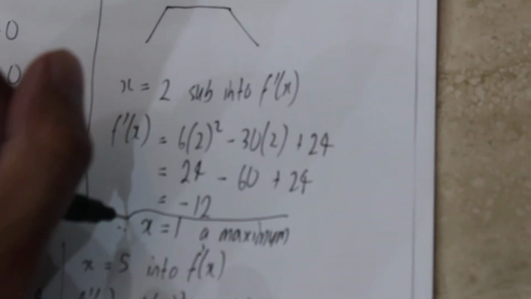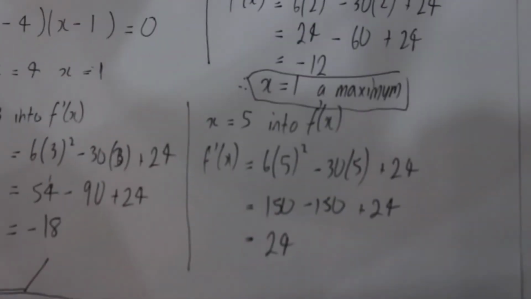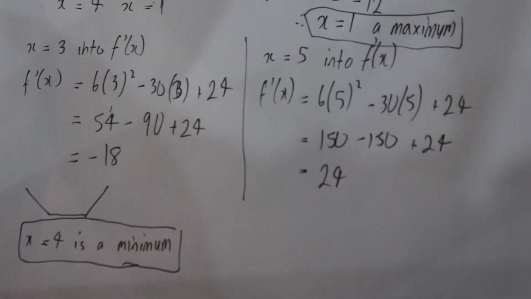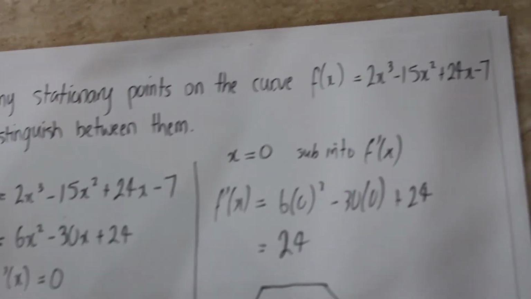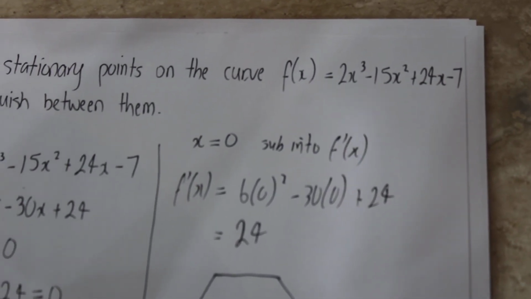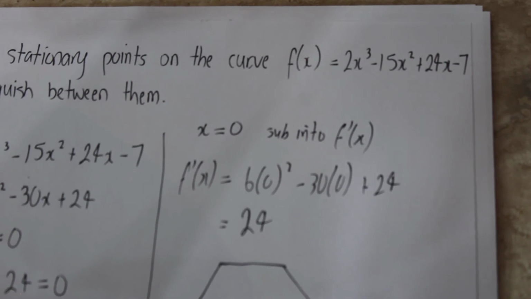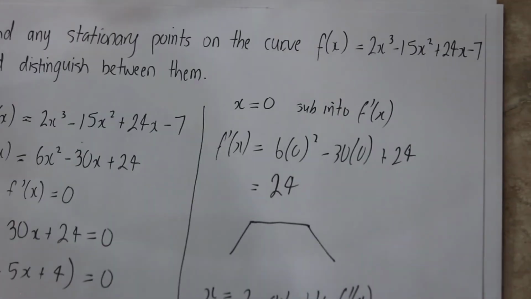So now that we have our maximum point and our minimum point, we can conclude that we have found and determined the natures of the stationary points of f(x) equals 2x cubed minus 15x squared plus 24x minus 7. Hope this helped you guys.